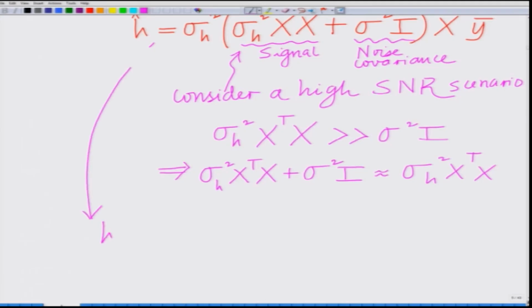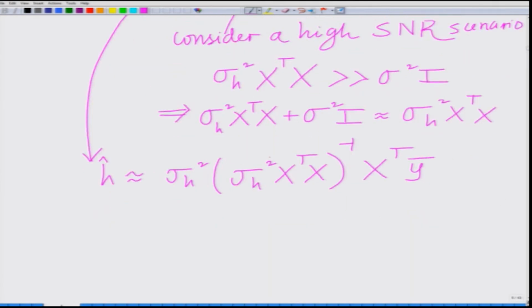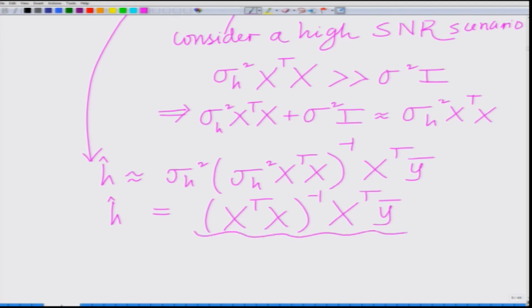And now you can see something very interesting, therefore h hat is approximately equal to sigma h square x transpose x inverse times x transpose y bar, which is equal to, now if I bring the sigma h square outside, this is a scalar quantity, simply x transpose x inverse x transpose y bar, and this is simply, you can recall, this is the maximum likelihood estimator.